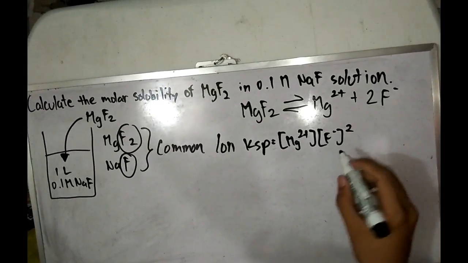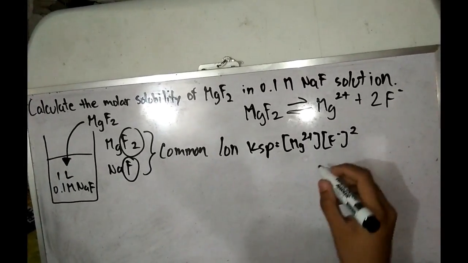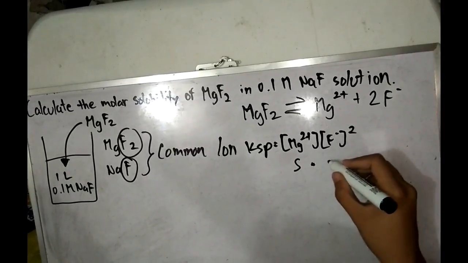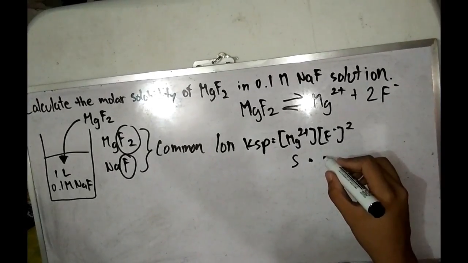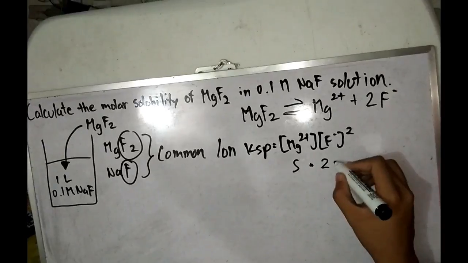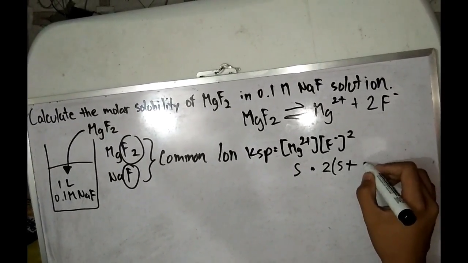And again, we will let S be the missing concentrations of the ions. For Mg2+, it would be S, and for F-, instead of putting 2S squared, we would put 2S plus 0.1, squared.